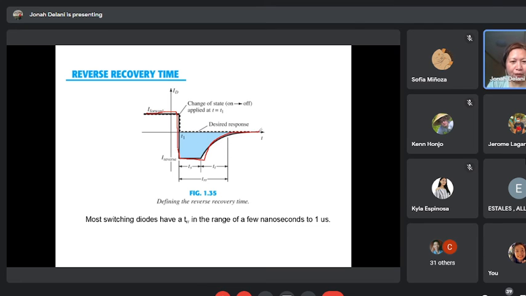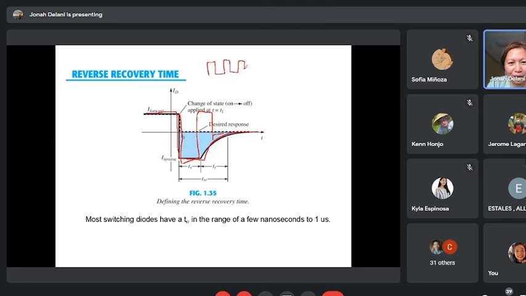Now, at very high frequency, you switch the diode so many times, right? It hasn't even reached zero, and you turn it on again. Then you turn it off again. Then on again, for example. And you make that time too short.